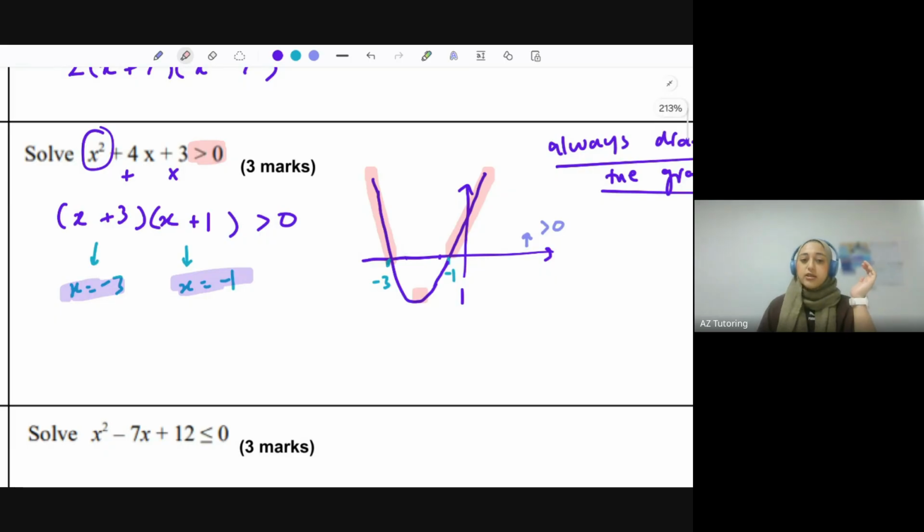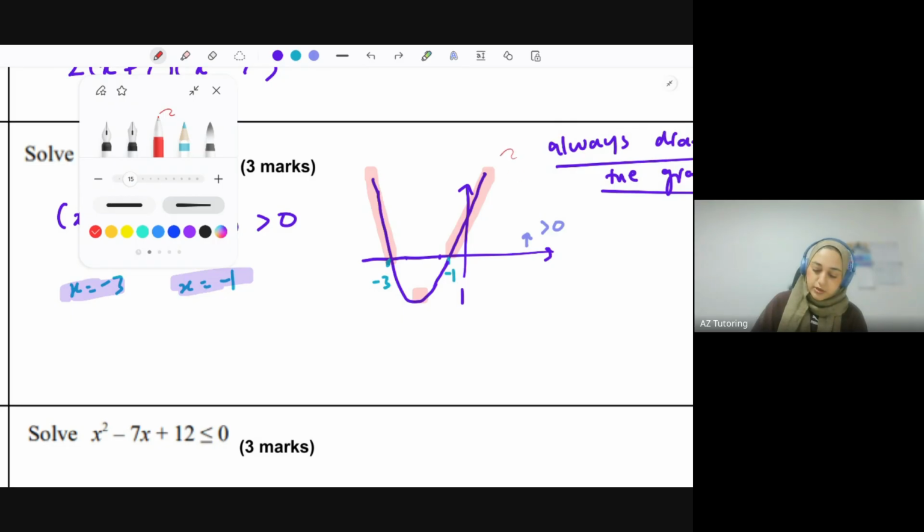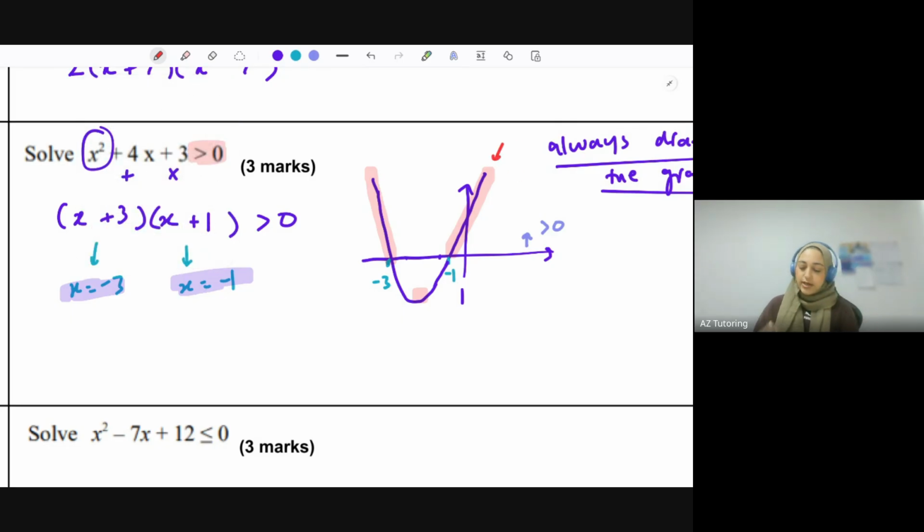Now I need an inequality that represents these two tails. What you need to realize is that these graphs continue forever upwards. So for this one here, the graph exists for all x values more than -1.